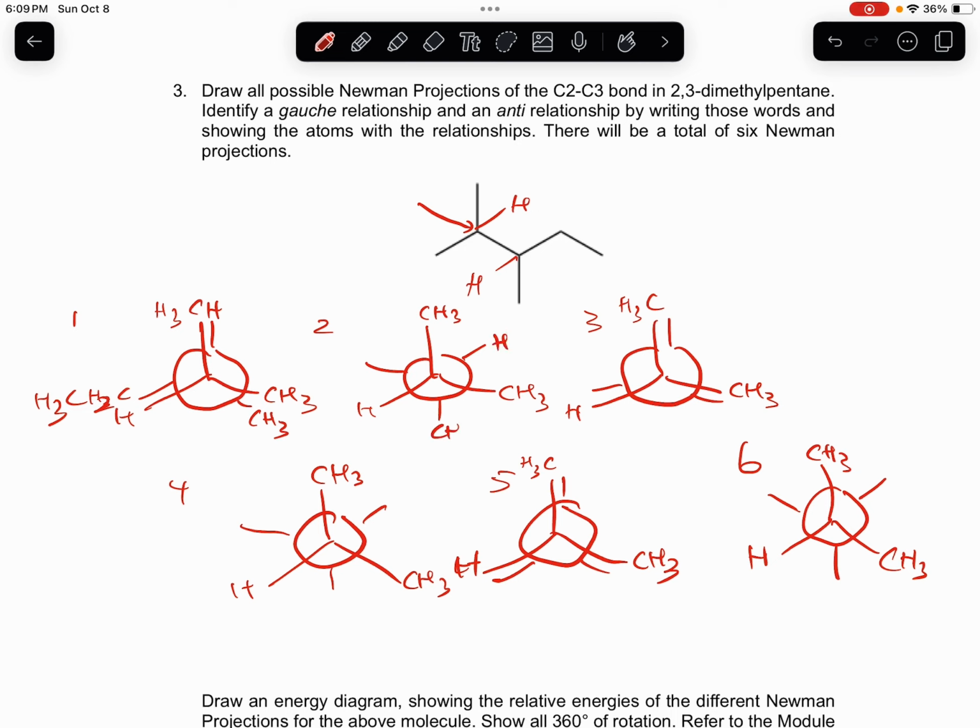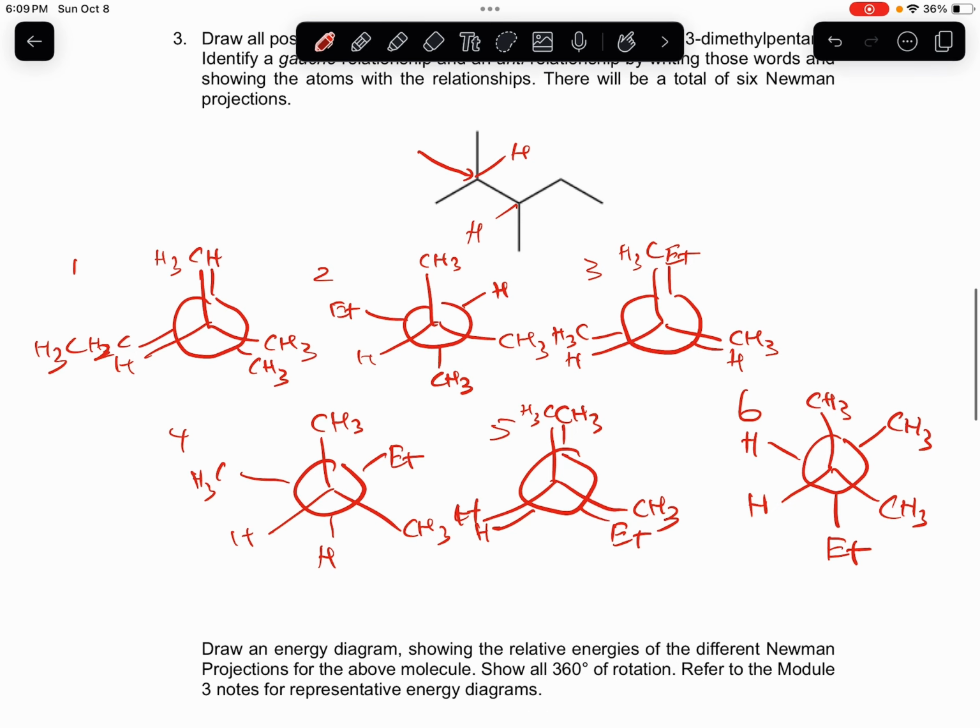So hydrogen, methyl, and I'm just going to shorten this to ET. And so now we have hydrogen, methyl, ET. Going down here, hydrogen, methyl, ET, and then hydrogen, methyl, ET, and then hydrogen, methyl, ET.